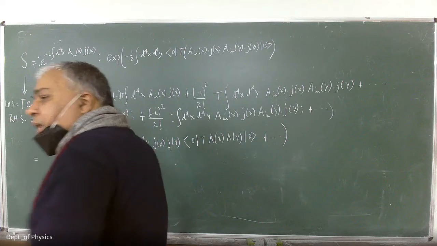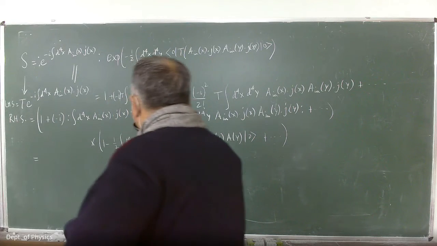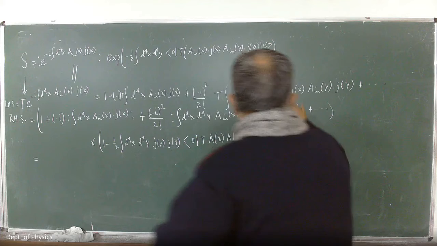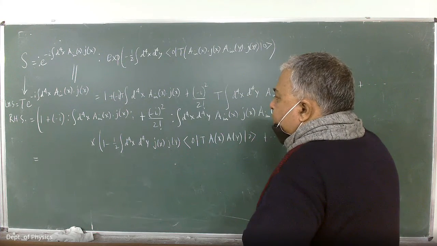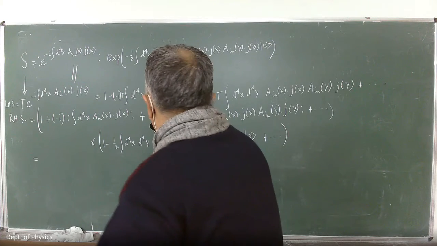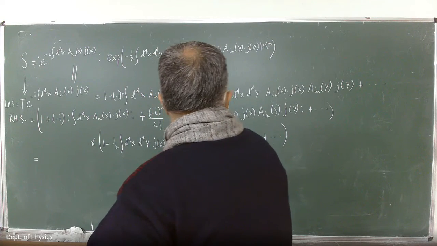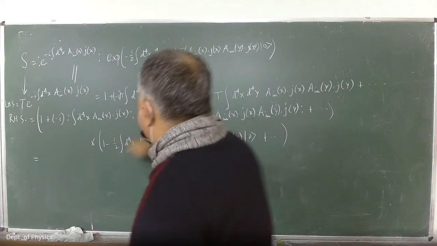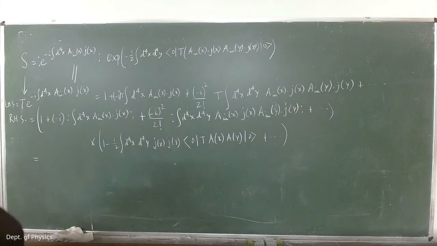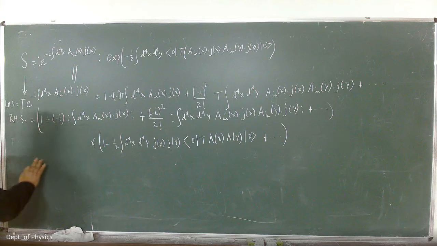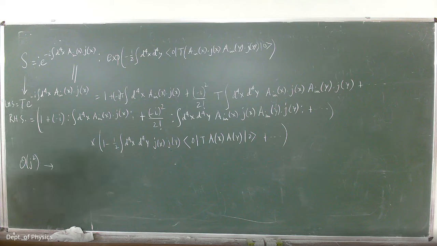Next level is quadratic in J. Quadratic in J occurs on the left hand side, and quadratic in J occurs here on the right, one from this term multiplied with this one. So up to order J square, the terms give the following identity.